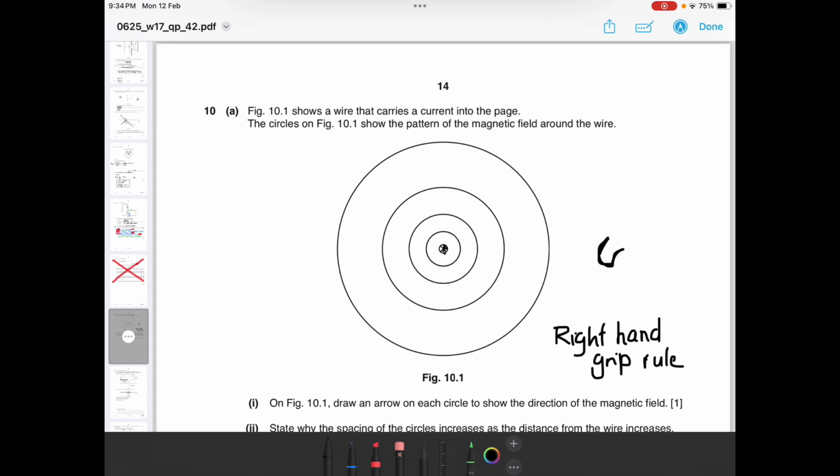Okay, and it's really important to use your right hand. So when I did it, the arrows were going clockwise, this direction. Using the right hand is really important. Okay, so they go this direction.